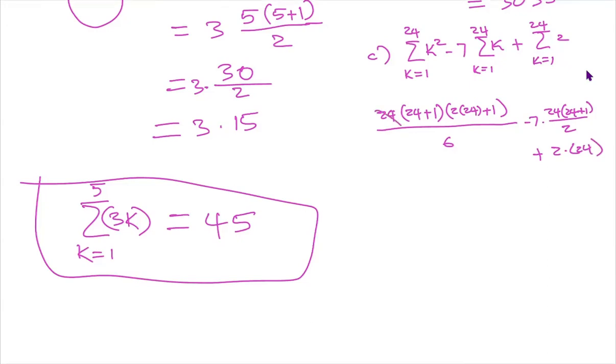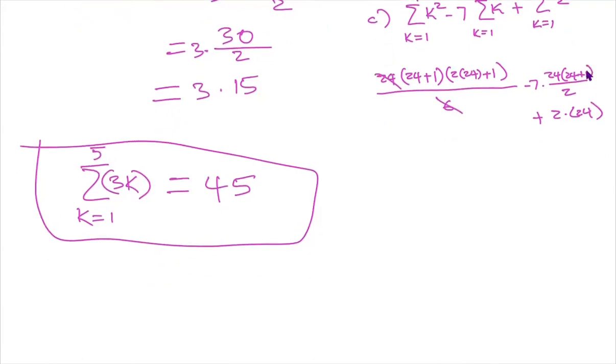Now we can simplify: 24 divided by 6 is 4, so that will be 4 times 25 times 49, because 24 times 2 is 48, plus 1 is 49. This one will be negative 7 times 12 times 25, since 24 divided by 2 is 12, and then plus 48.